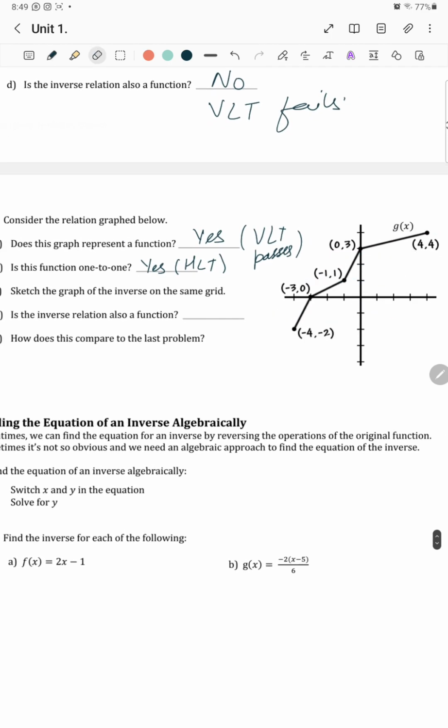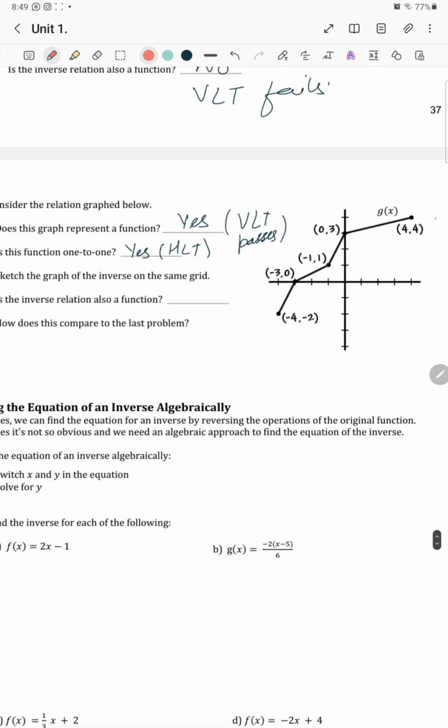To sketch the graph of the inverse on the same grid, first of all you need to swap all the y and x values. If it's (4, 4), the opposite would be again (4, 4).